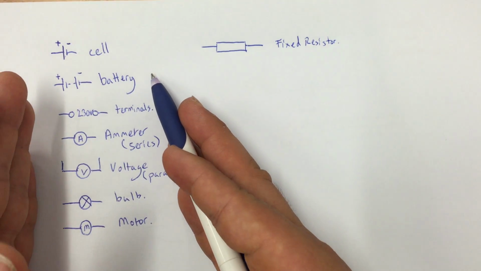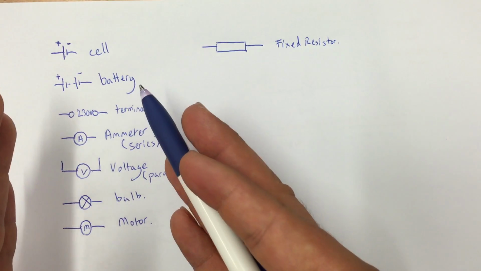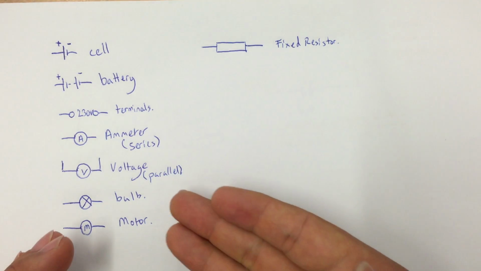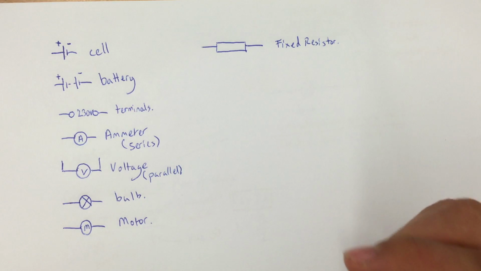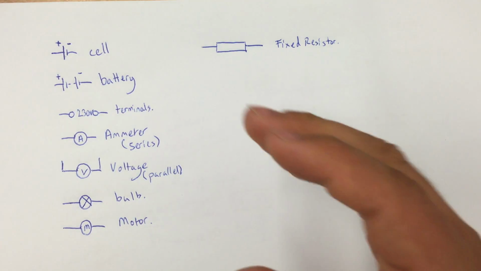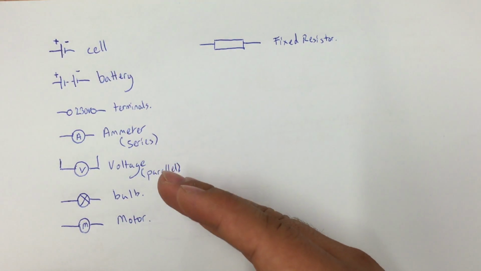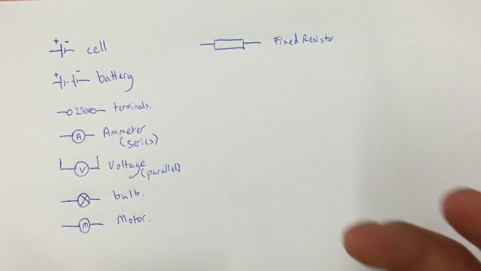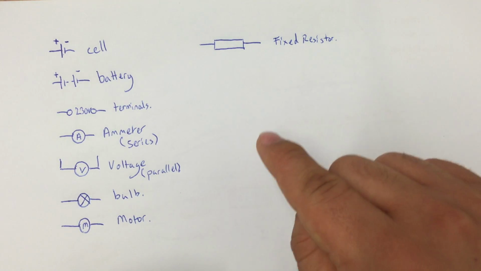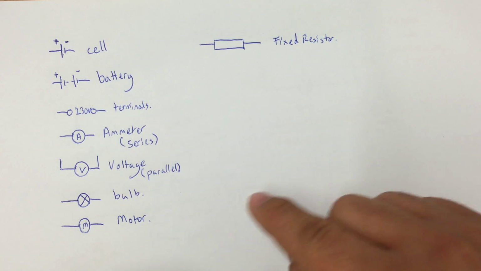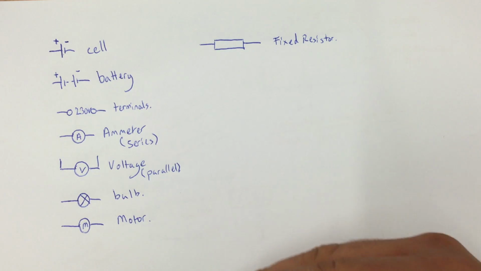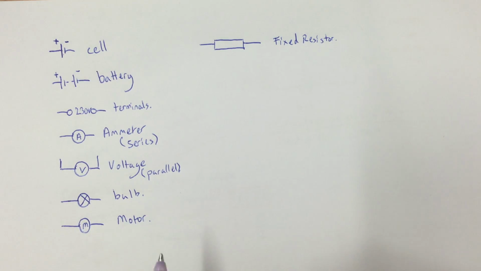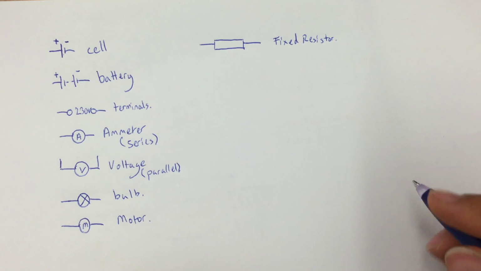If the battery, for example, has a really high voltage or EMF, and the bulb that I'm using only needs a very small voltage, if all of that energy is transferred to the bulb, it is likely to heat up and then blow, and so it'll be damaged. So I need to control how much current and how much voltage is going to each component to make sure that it works correctly. And so resistors play a really crucial role in that.